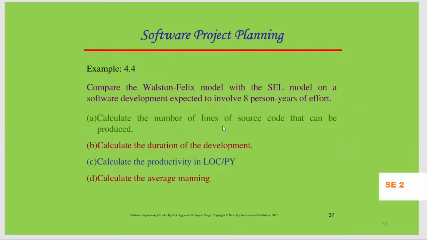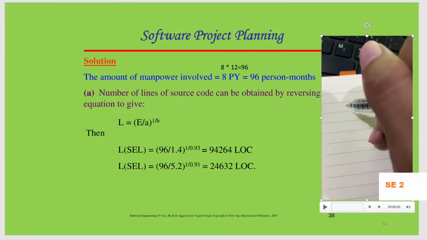Calculate the number of lines of source code that can be produced. Ilang lines of code daw ang pwedeng ma-produce ng 8 na tao. Calculate the duration of the development. Calculate the productivity in lines of code per person-year. Calculate the average manning.